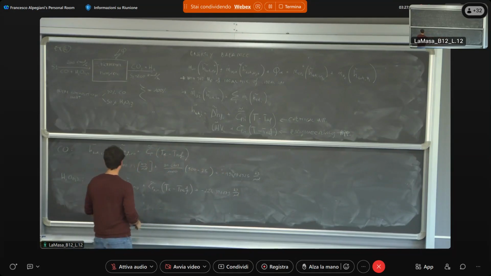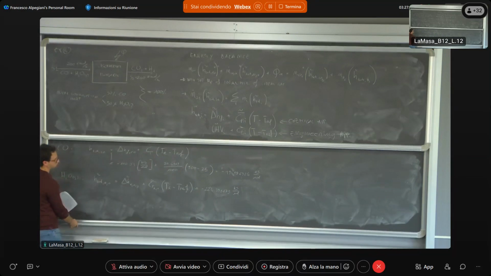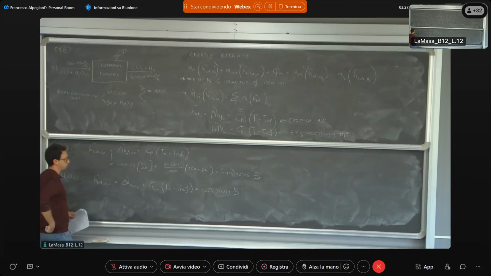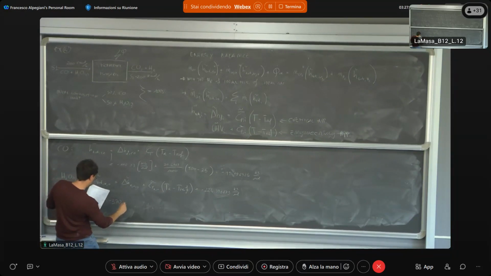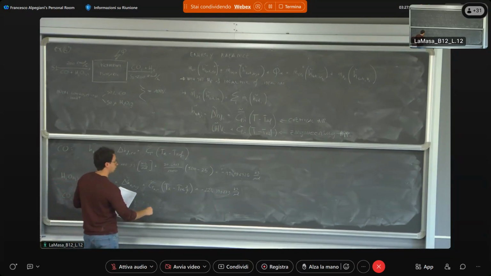I don't write the formula anymore, it is always the same, just changing these values. For CO2, the total enthalpy is minus 370.8392 kilojoule over mole.